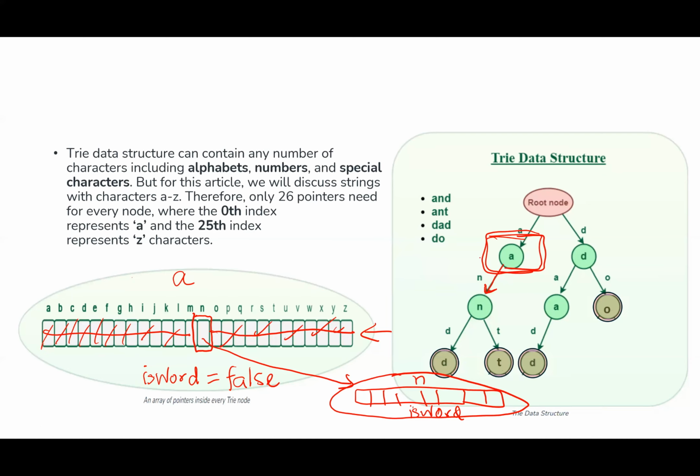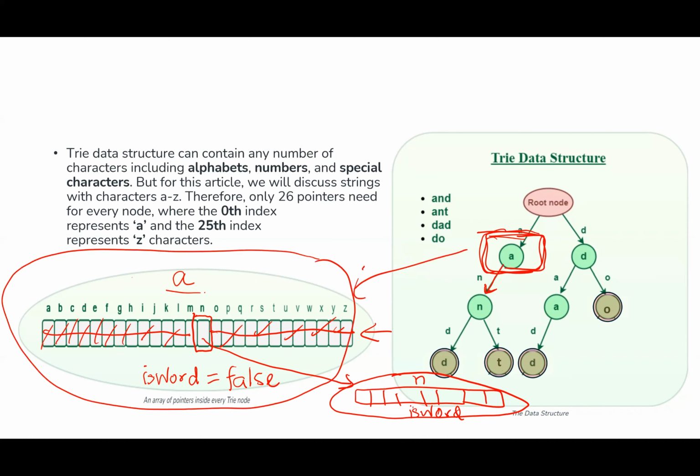This is how it looks in a diagram, and this is how it originally looks like. Okay, so it will have a value, and then this is a list, array list of the children. And since we have 26, the 0th index will represent character A, and the last index will represent character Z. So this is the list of the children, and you see A has one child with value n.